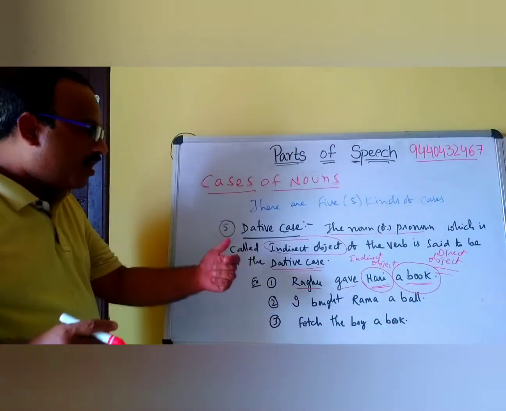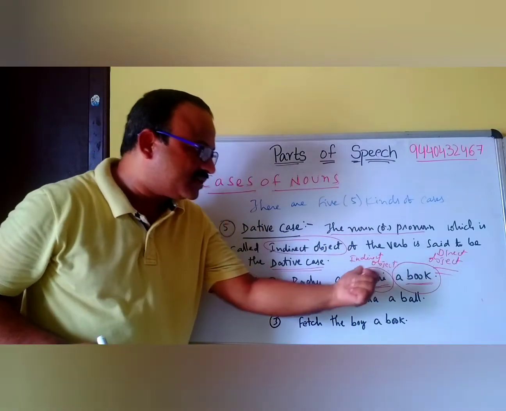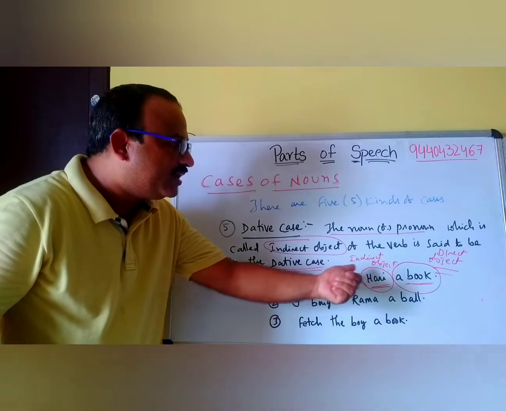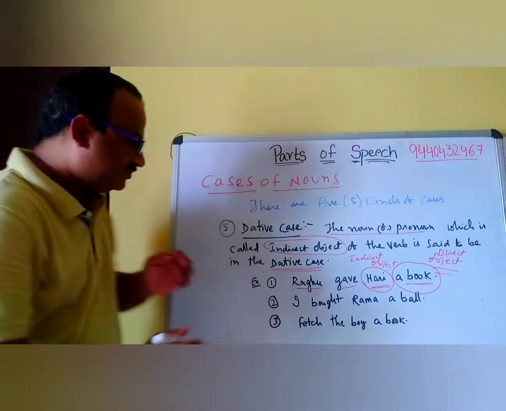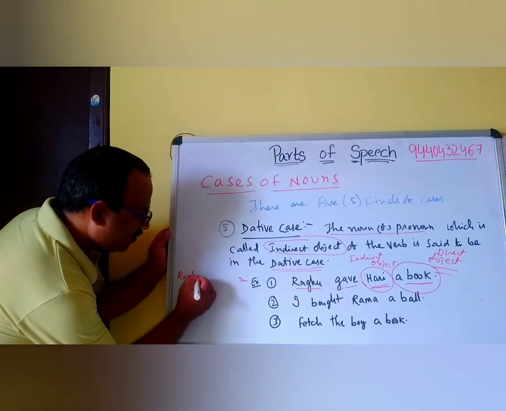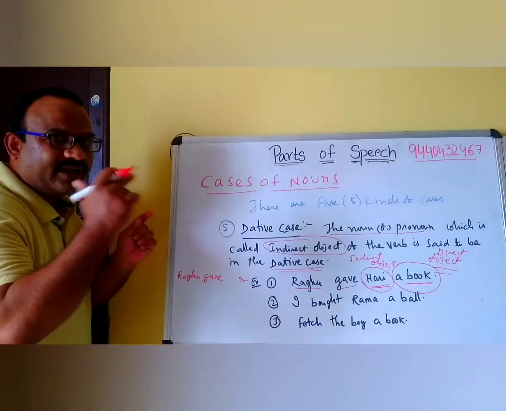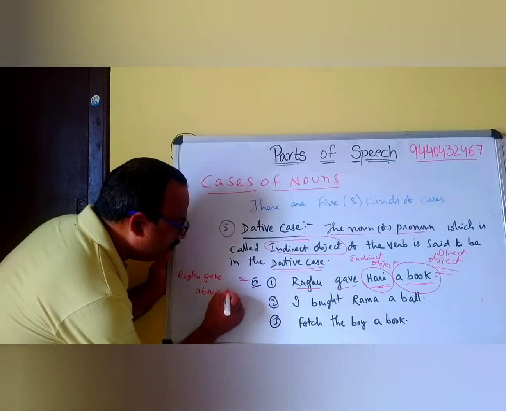How can we say it is direct object, it is indirect object? See, here Raghu gave a book to Hari. This means what? Raghu gave what? Direct object, a book. To whom? Hari.